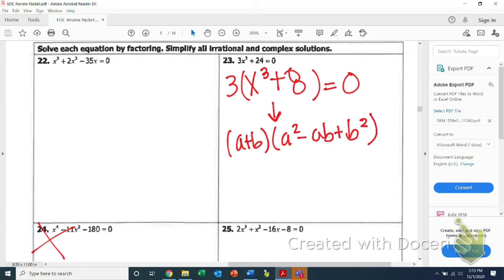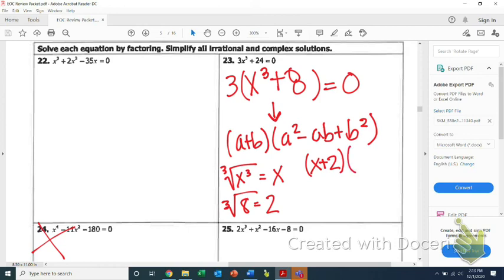So what we can do here is take the cube root of x cubed, and we get x, and the cube root of 8, and we get 2. We plug those into our equation. Like so.